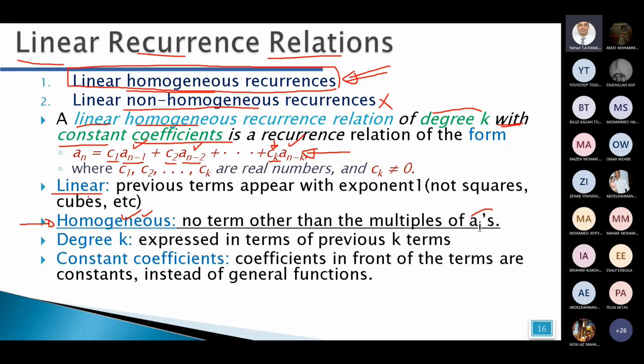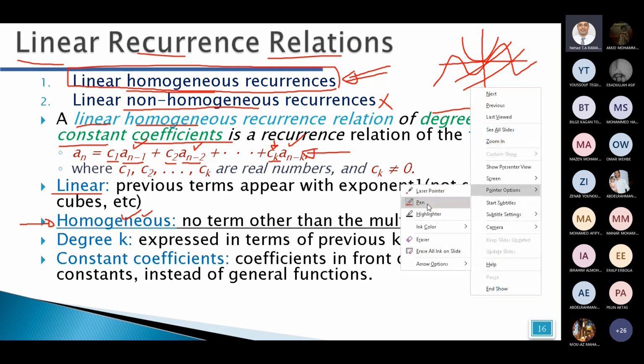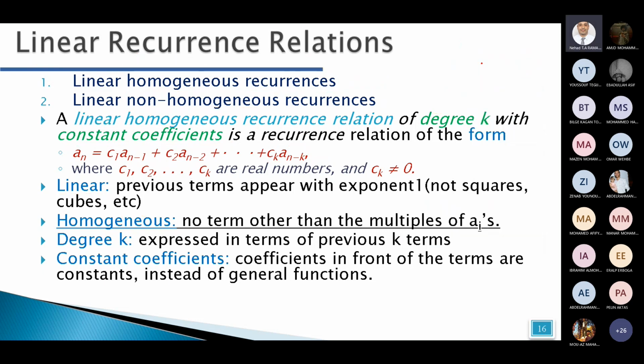What is the meaning of linear? When you speak about numbers, some equations give you lines, some equations give you curves, and some give you other shapes. A linear equation gives you only lines, and a linear recurrence relation is the same. That's why we call it linear.